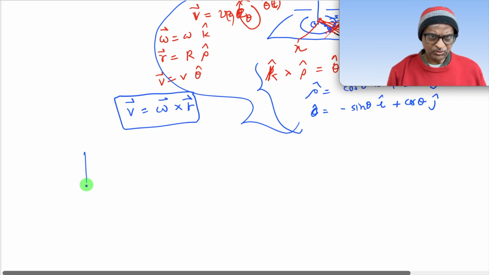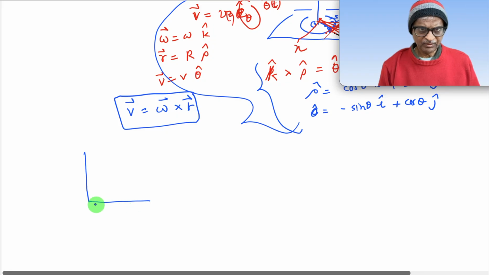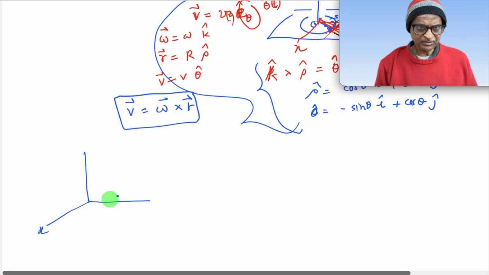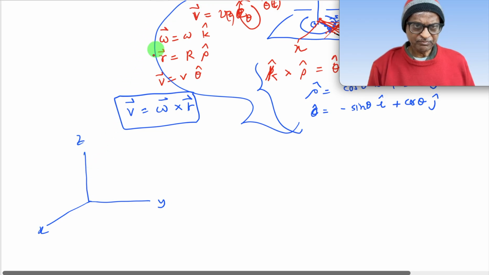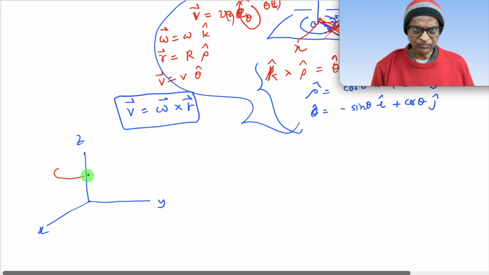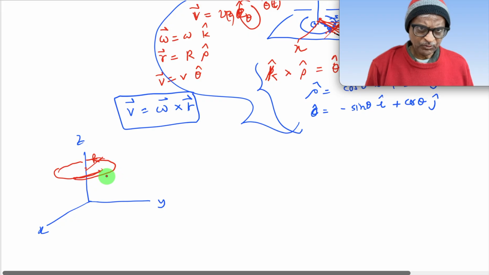So another example, which is kind of simple but not this simple, because this was too simple. Let's do this example. So now I have x and y and z, but this time still going around the z axis, and the radius is still r. Sometime at t it's here, and at some other time it's over here.